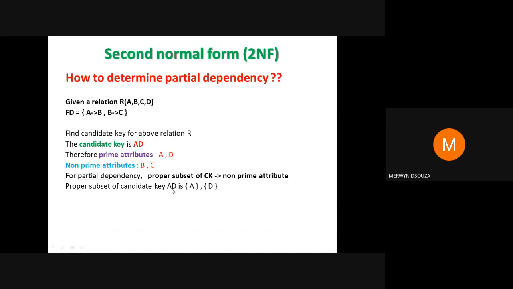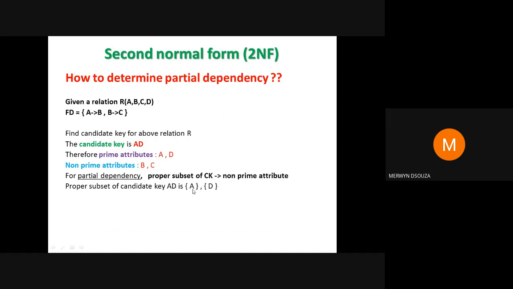The candidate key is AD, the proper subsets are A and D. Now check whether A or D determines a non-prime attribute. Which are your non-prime attributes? B and C. How to check and where to check? Check in the given functional dependencies.